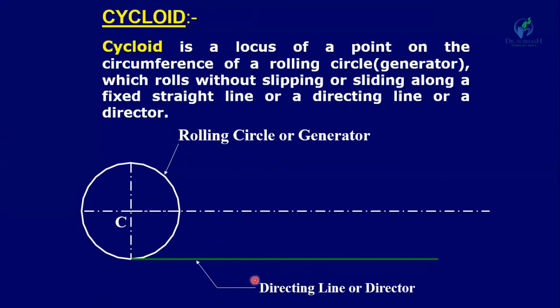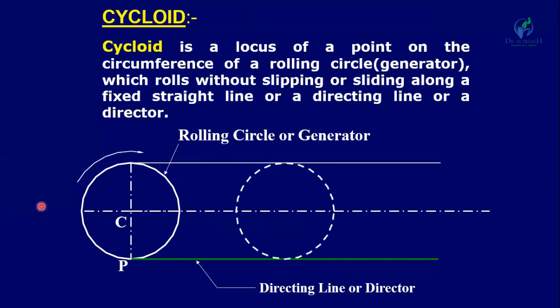Now this circle is rolling on this directing line by one complete revolution. P is the point of contact between this circle and the directing line, and the point P is on the circumference of this rolling circle. Now it is rolling in the clockwise direction.